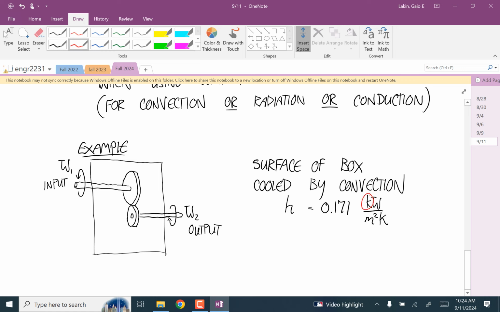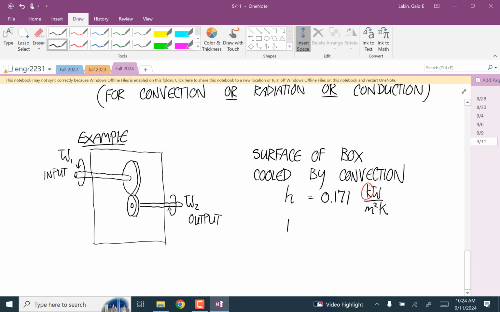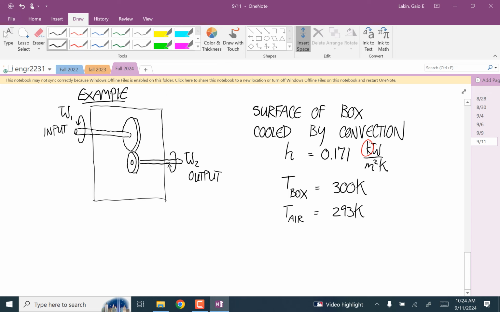This is a kilo, so I'm not falling for that again. The temperature of the surface of the box is 300 Kelvin. And the temperature of the air is 293 Kelvin. And the magnitude of the input work is 60 kilowatts. That kilo is trying to make me look stupid again, but I'm not falling for it.